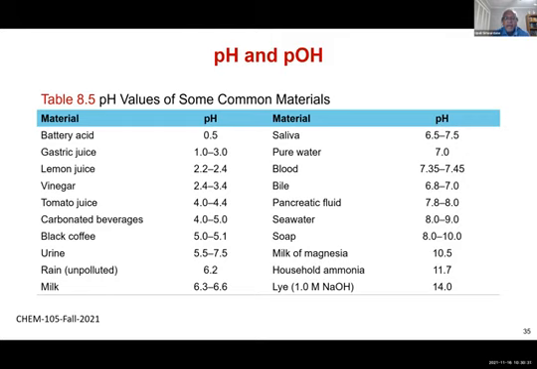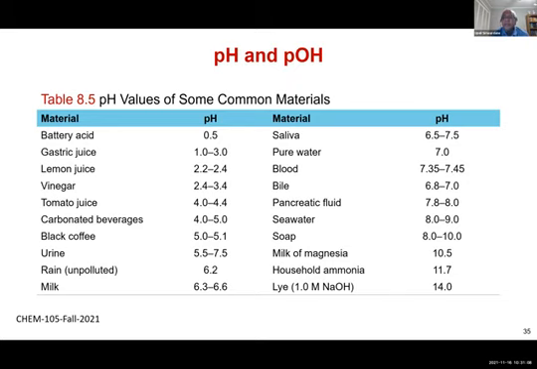When sulfur dioxide is produced from burning sulfur-containing coal, the rain water could have even higher acidity, or lower pH than 6.2. Milk is also slightly acidic. On the left side of the table are the acidic materials and their pH; on the right side are the basic materials.